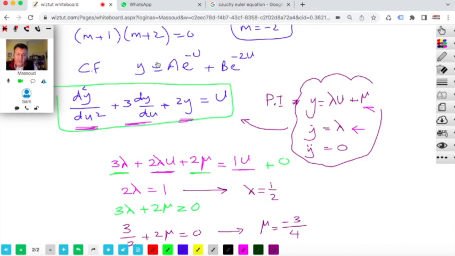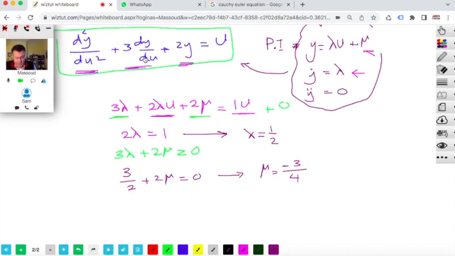So the complete function in terms of u is a e to the power of minus 1u plus b e to the power of minus 2u, and then plus the particular function, which was lambda u, so that would be 1/2 of u, and then minus and then the mu, which was minus 3/4.